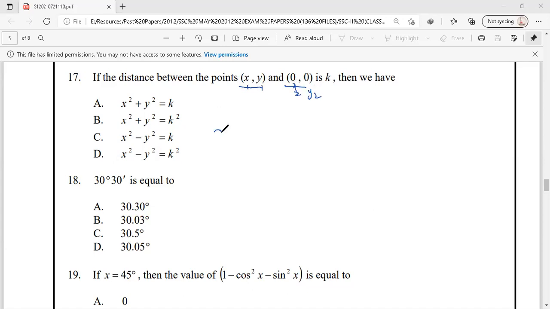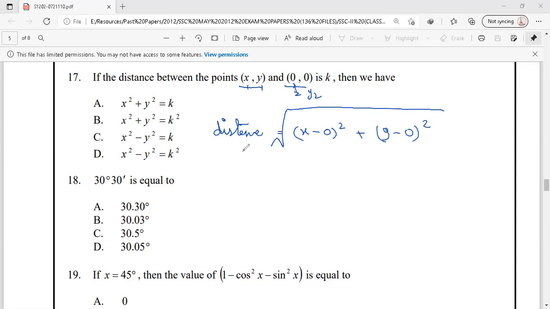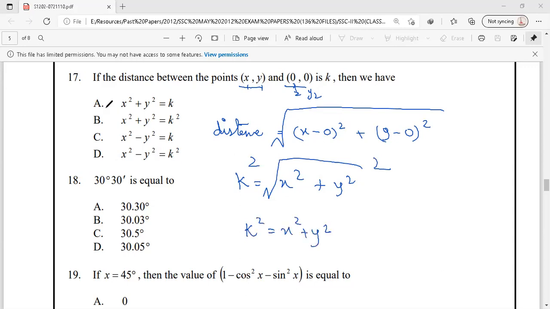So the distance between the points is equal to the positive square root of x minus 0 square plus y minus 0 square. So distance k will be equal to the square root of x square plus y square. Taking square on both sides, k square is equal to x square plus y square. The correct answer is option B.